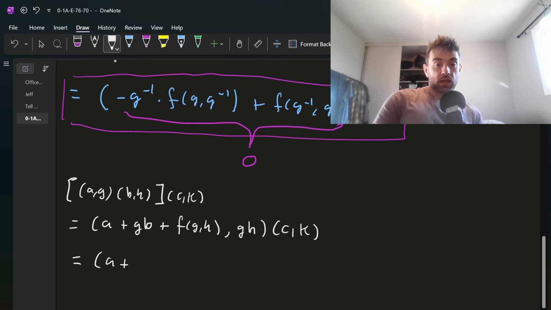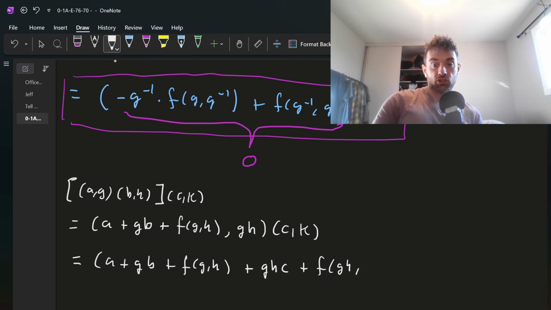So this will be A plus GB plus FGH plus GHC plus FGHK, comma GHK.